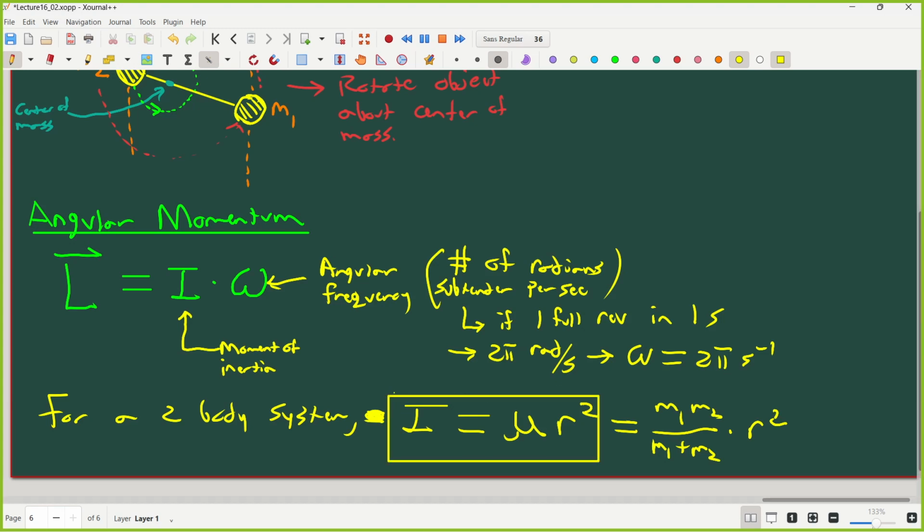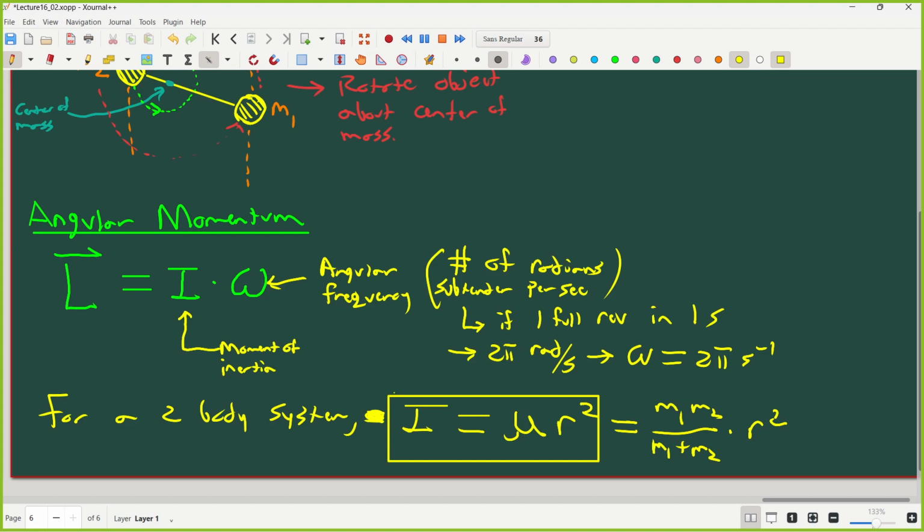Okay, so the angular momentum of our object, and how much momentum we create by spinning this object, has to do with the velocity at which we spin it, an angle. Right? You can think of this as a velocity times something that looks like mass. I is mass times the distance squared of the mass.